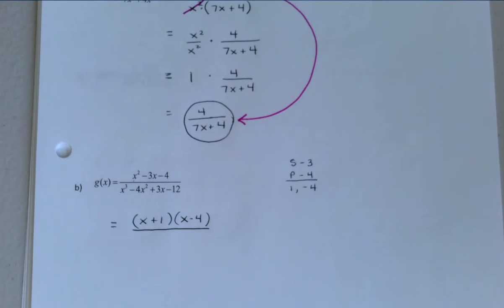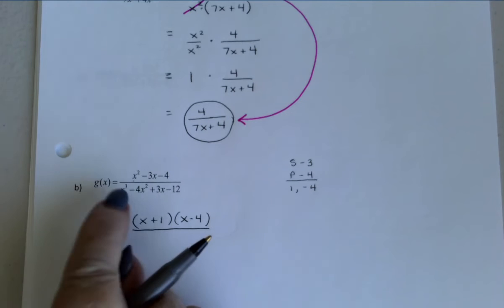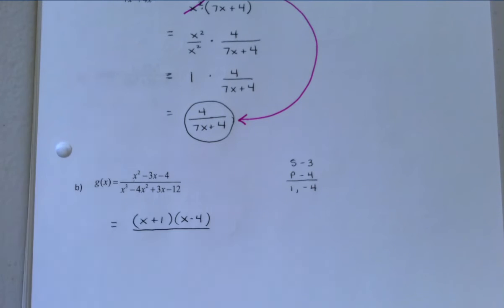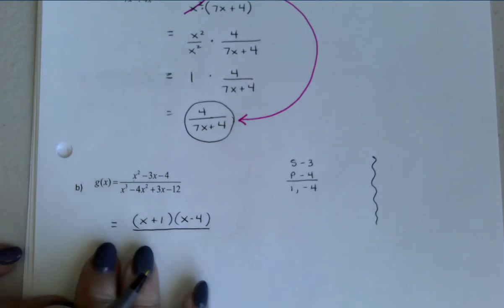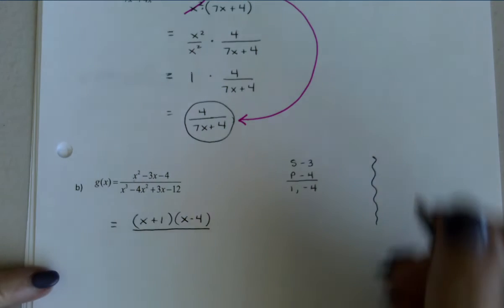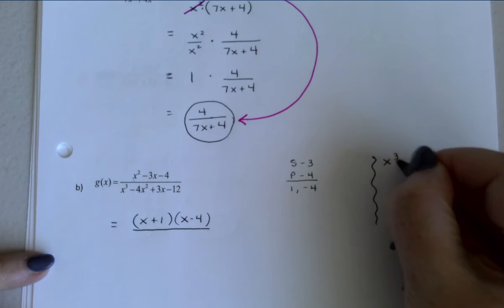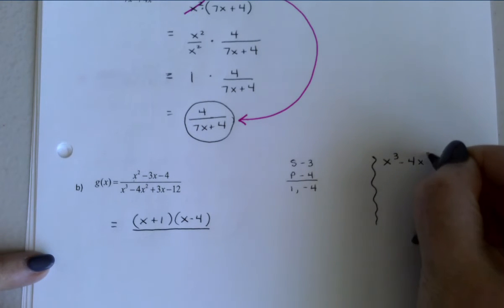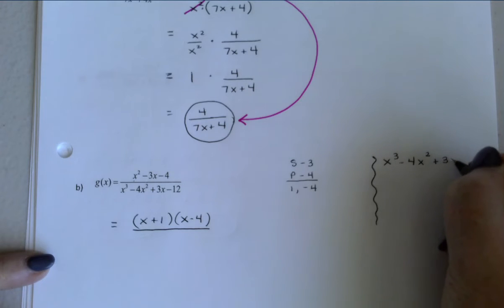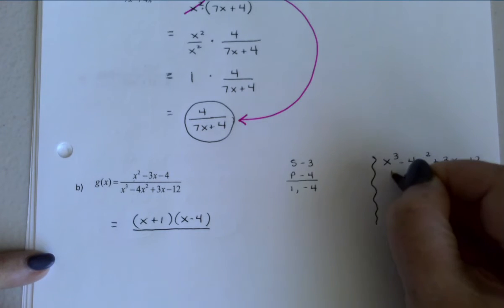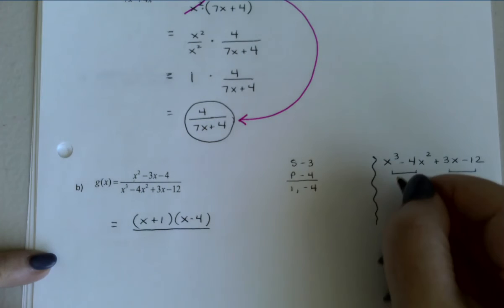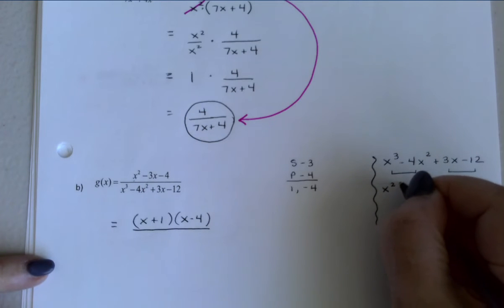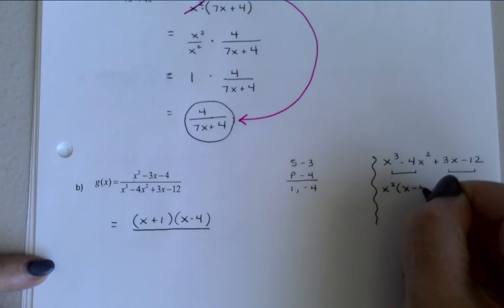The denominator is going to take a couple of steps. I notice here that with the 4 terms, I'm going to have to go with factoring by grouping. So I'm going to just kind of do the factoring off to the side so I don't muddy up my problem. So doing my grouping, I'll factor an x squared out here, which gives me x minus 4.